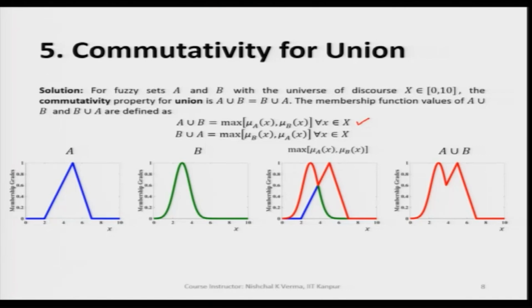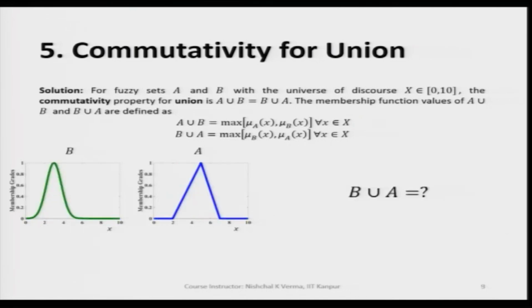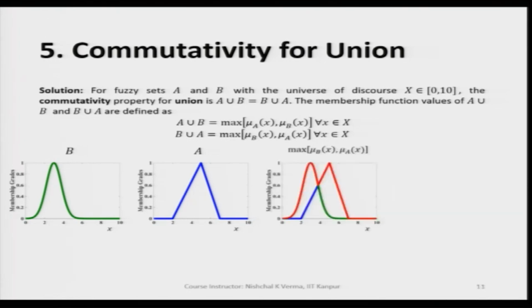Now, let us see the outcome when we take B union A. If we take fuzzy set B first and then fuzzy set A, and take B union A, we get this fuzzy set when we apply this condition.